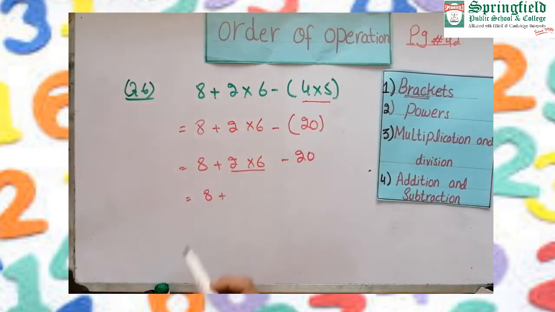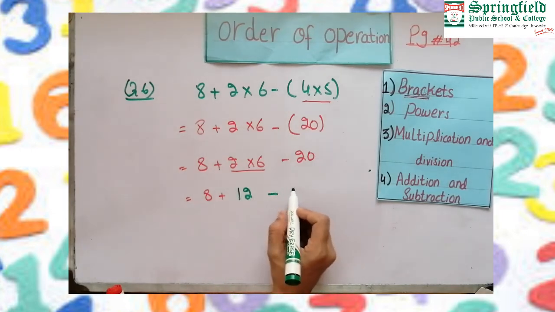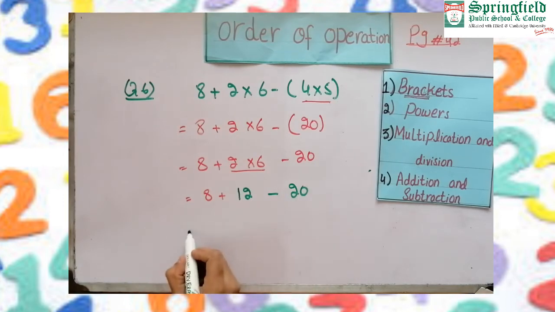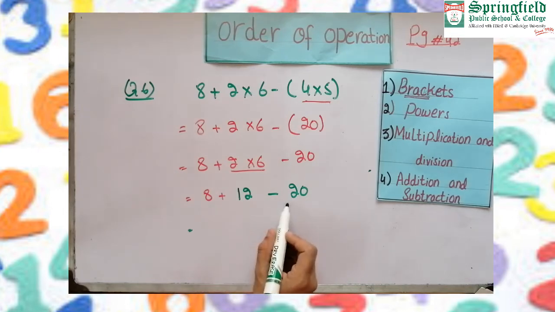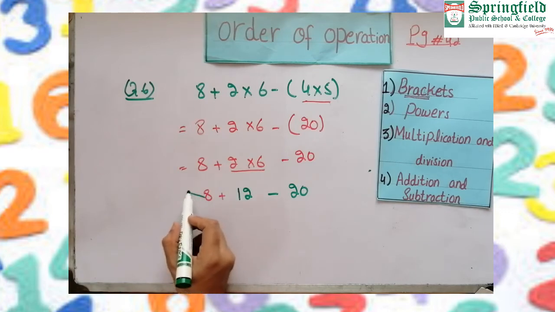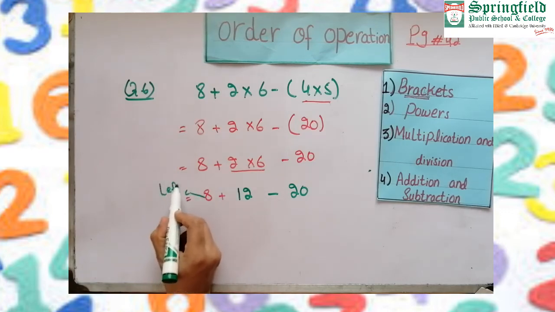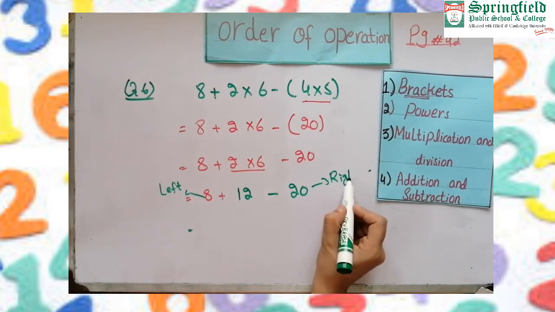So 6 multiply 2, what will be the answer? 6 2s are 12, minus 20. No multiplication or division is left, only addition and subtraction in this expression. In this type of situation we will start from the left side, and this side is called the right.